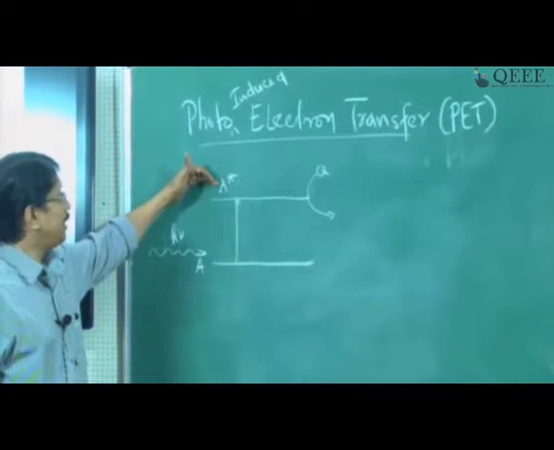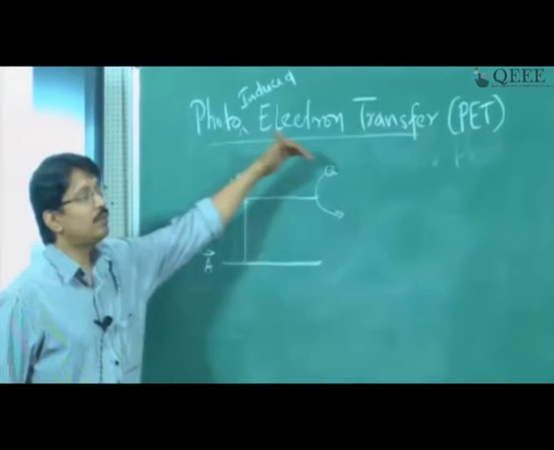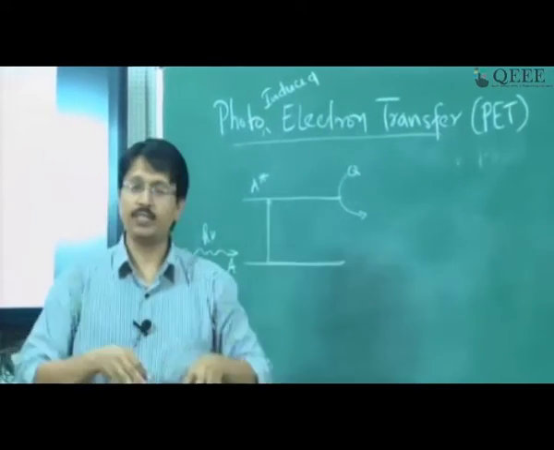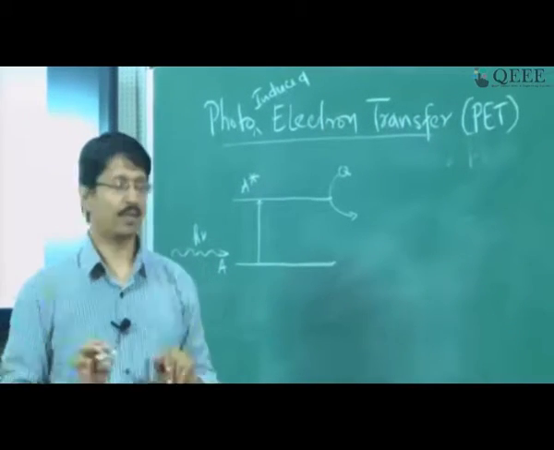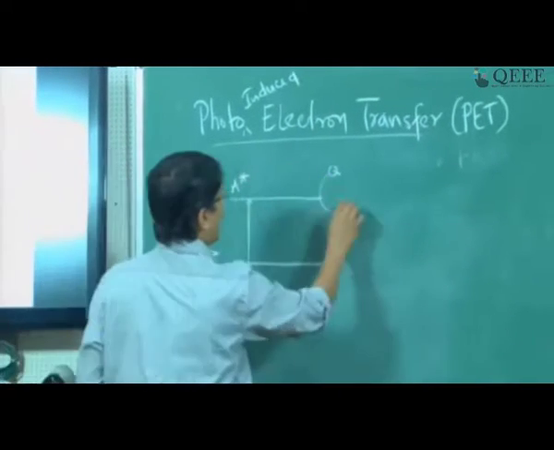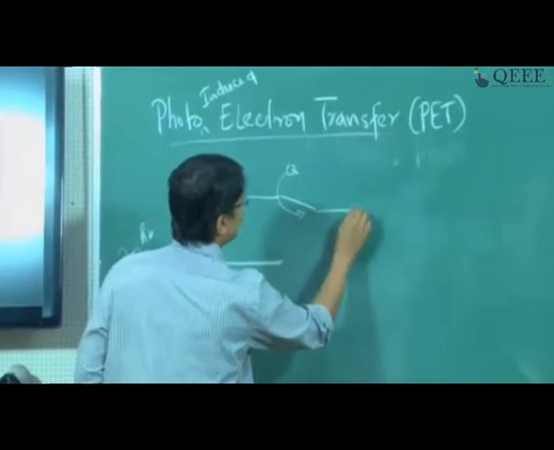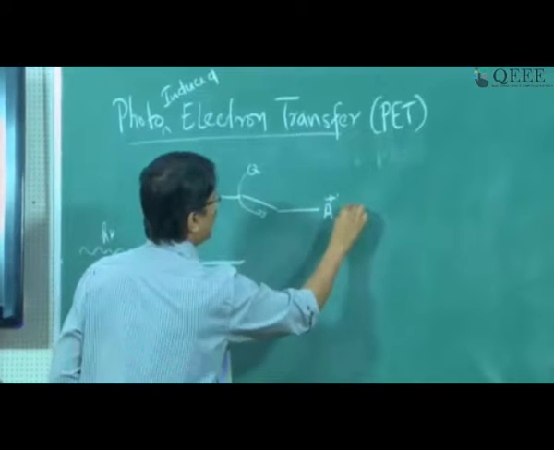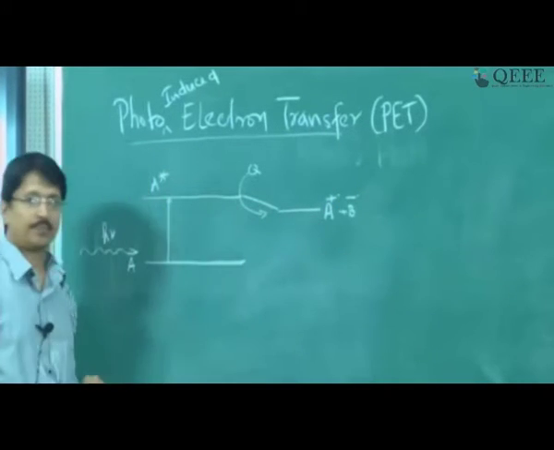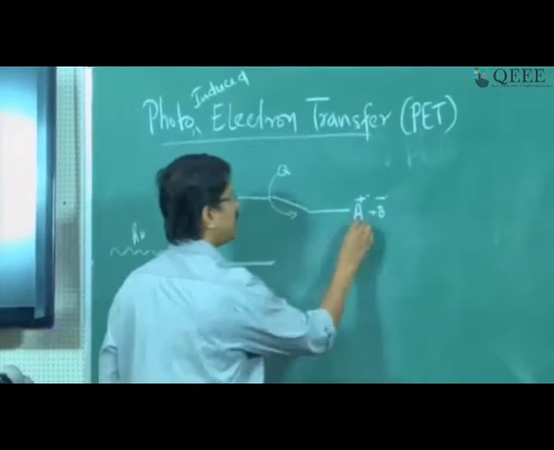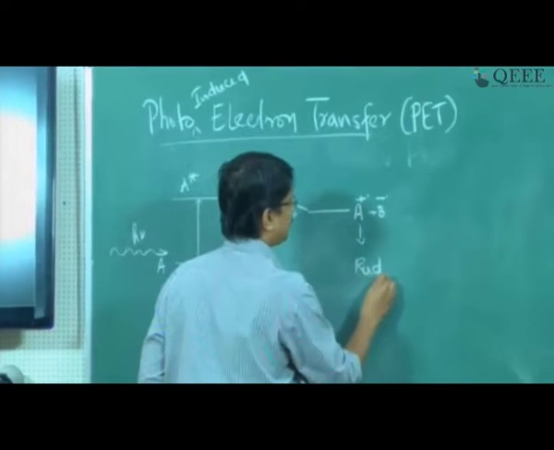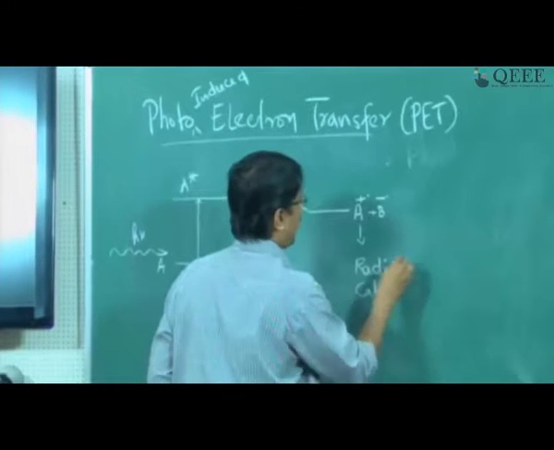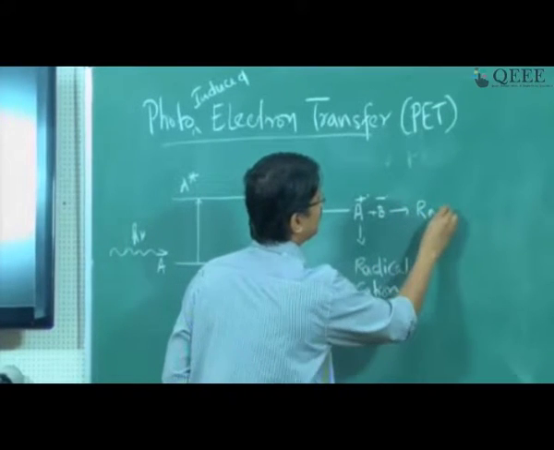Assume that A can give an electron to the quencher. A is an electron-rich species, Q is an electron-deficient species; it can be vice versa. If the electron transfer happens, you will form A plus dot and Q minus dot. They are called radical cation and radical anion.